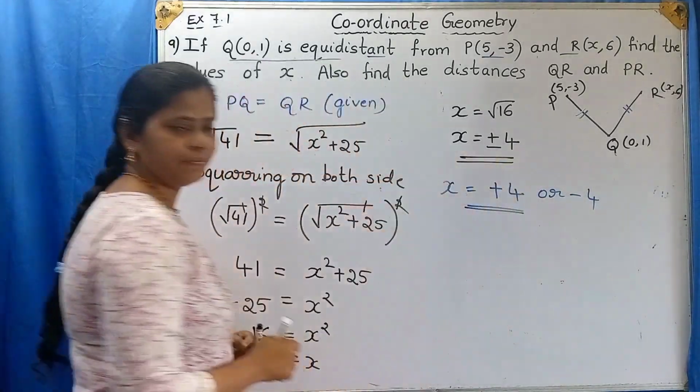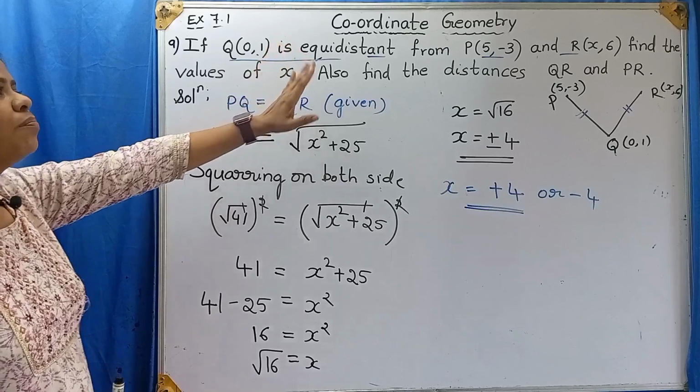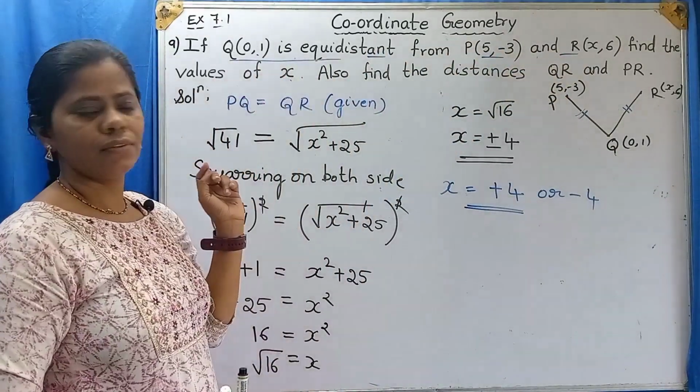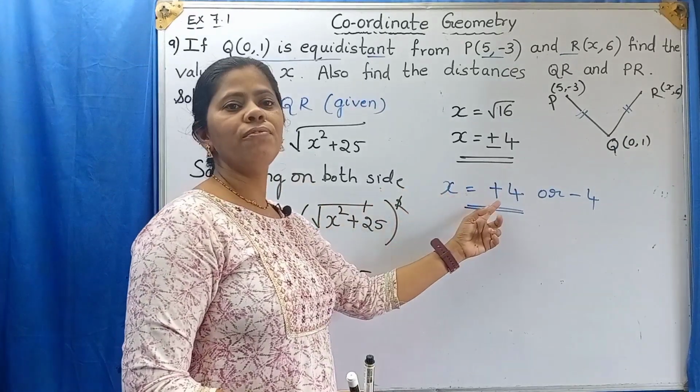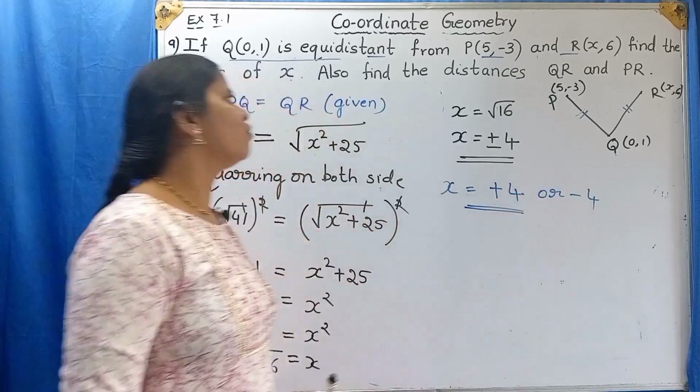We have completed the first part of the question, that is find the value of x, and we have found the value of x, that is plus 4 or minus 4.